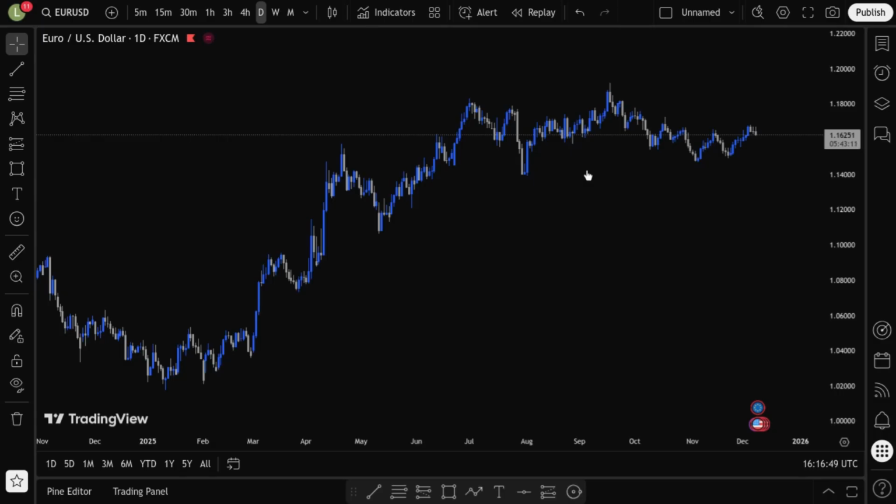We have RSI, which helps you to see whether price is overbought or oversold. Okay, we have MACD, which is a momentum and trend change indicator that helps you to see price momentum or to see if the trend has changed, let's say, from uptrend to downtrend, or from downtrend to uptrend.